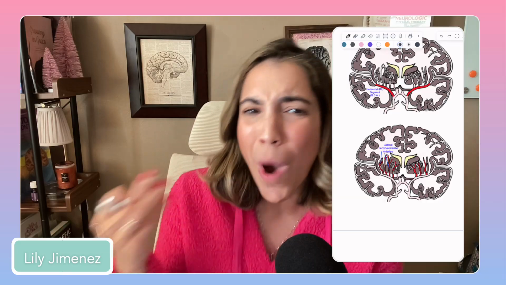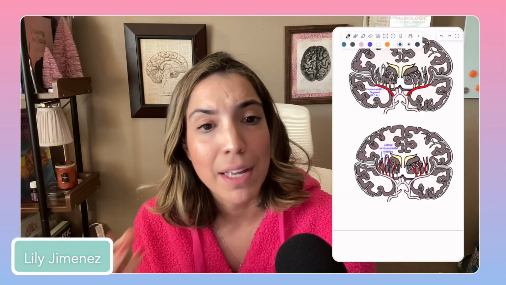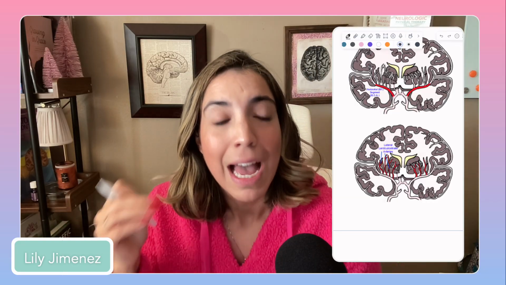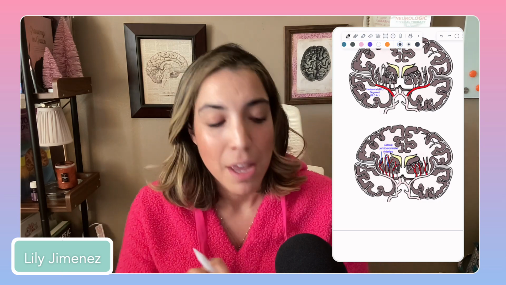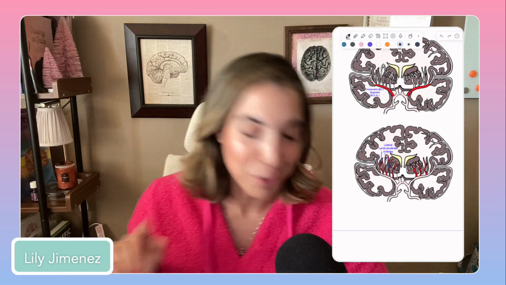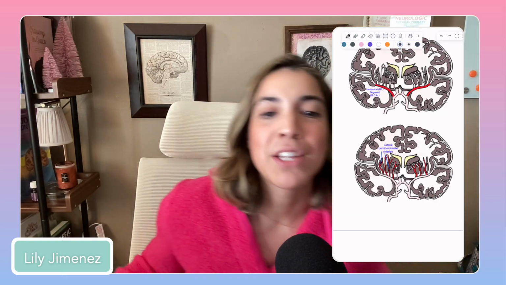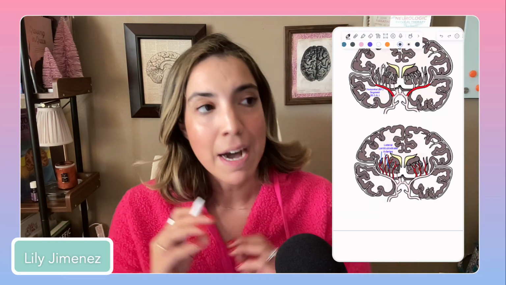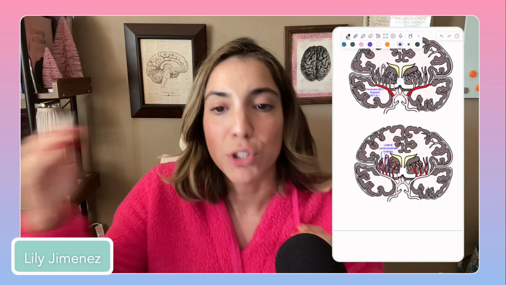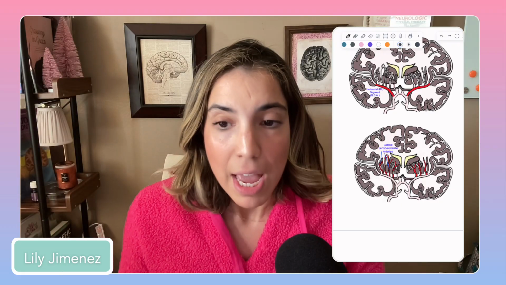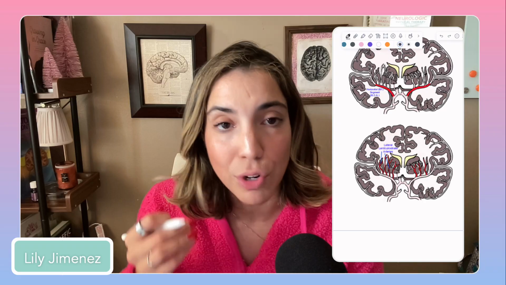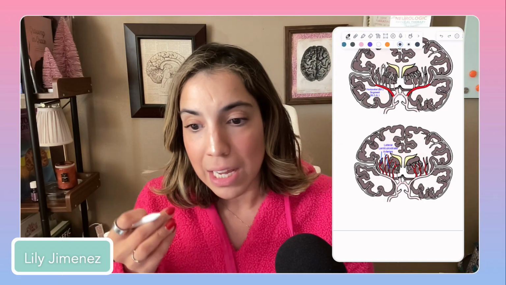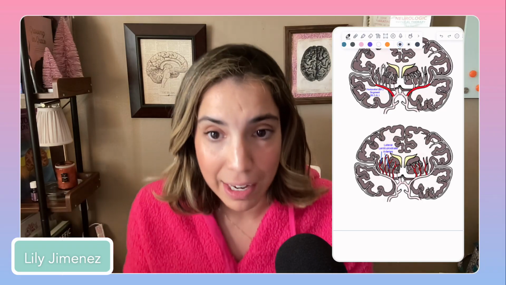Now, if you're wondering why internal capsule, this is because the internal capsule has the corticospinal tract, okay? The posterior limb of the internal capsule, the corticospinal tract is going to run through there. And so when you have a lesion to the internal capsule, you're going to see the corticospinal tract affected.